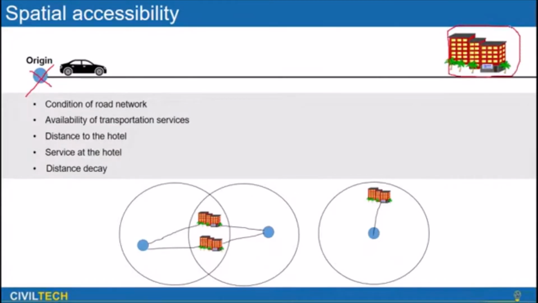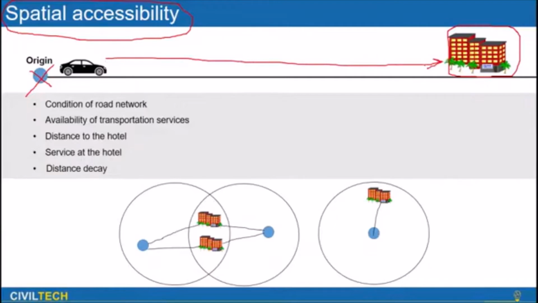This is one of the famous terms, spatial accessibility, which plays a vital role in creating a smart city, right? Now if I ask you, how easily can you reach this hotel? That depends on multiple parameters.